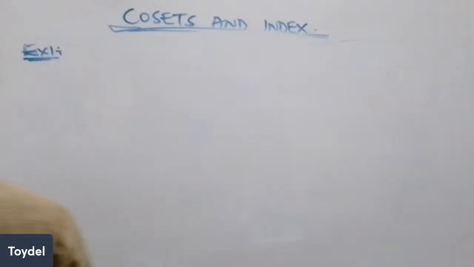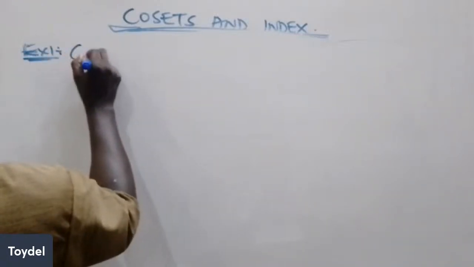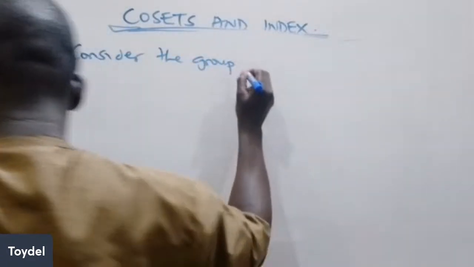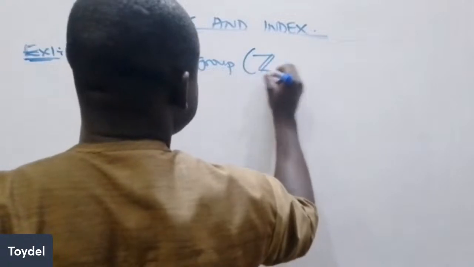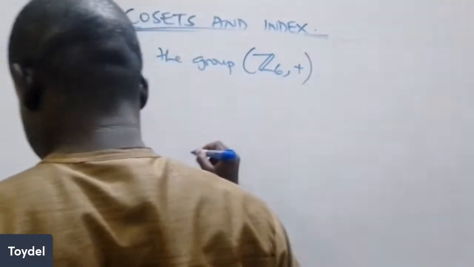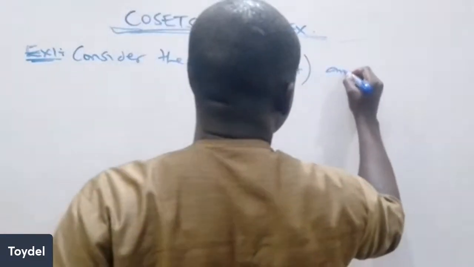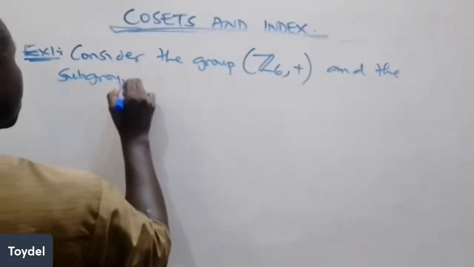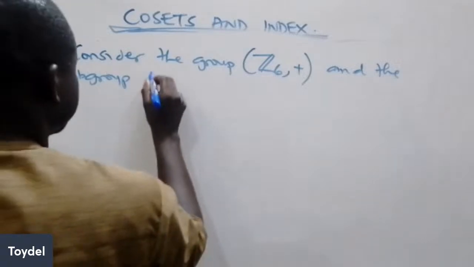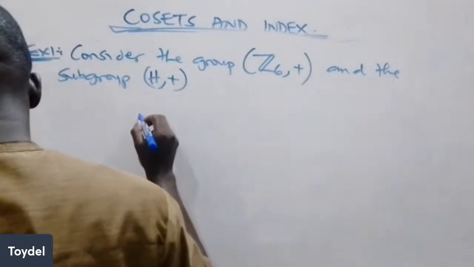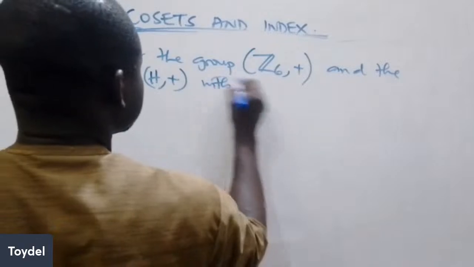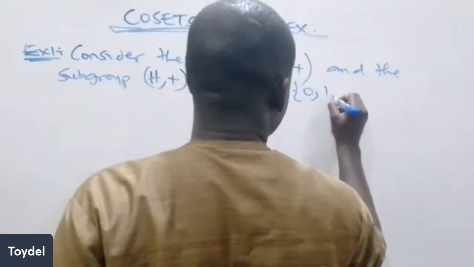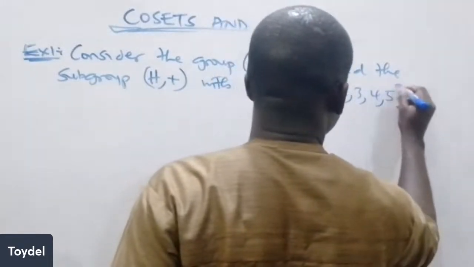Consider the group Z6 under addition and the subgroup H, with Z6 equal to {0, 1, 2, 3, 4, 5}.